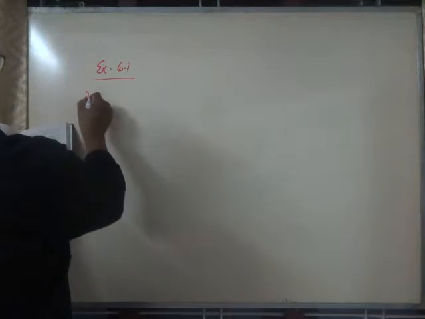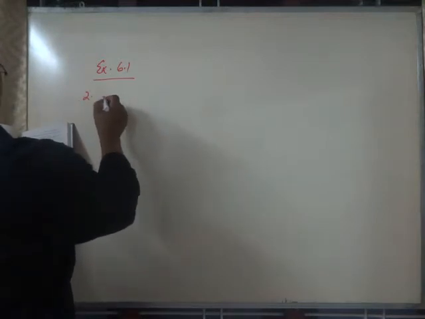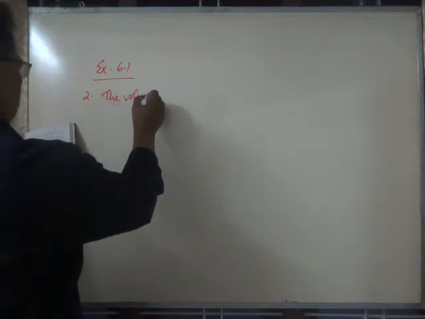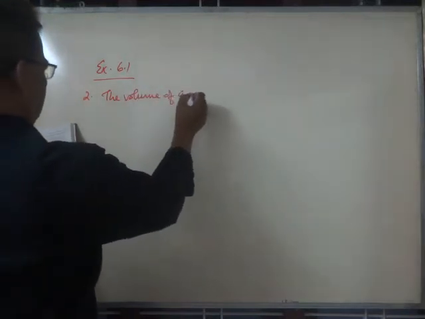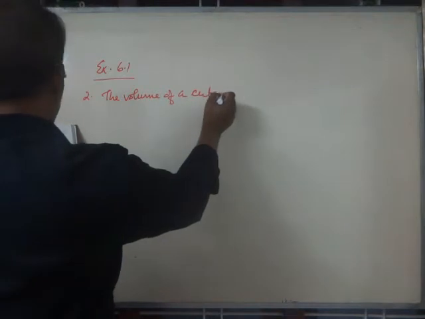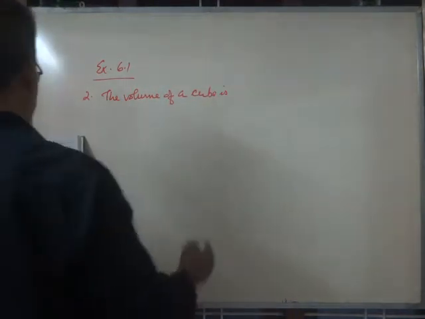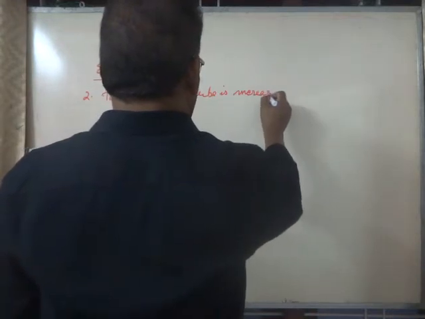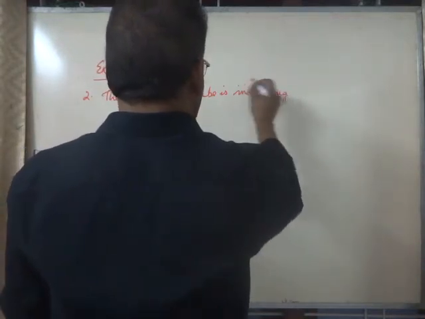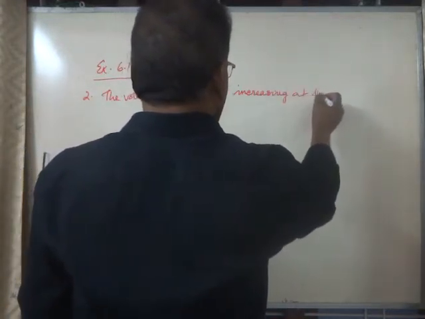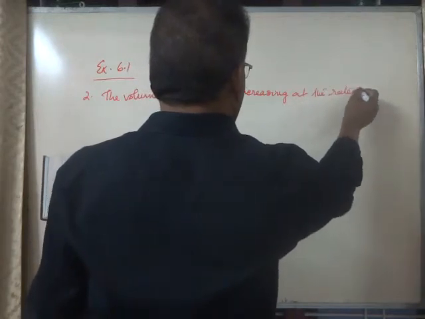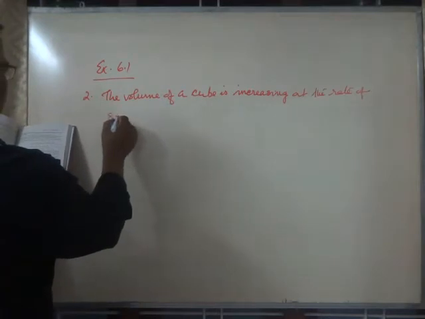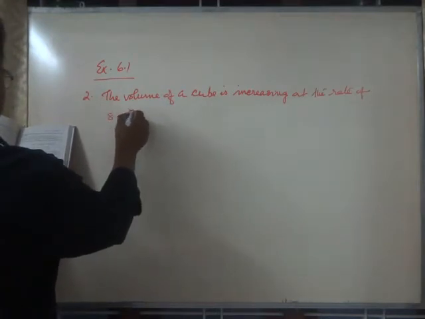Question number 2. The volume of a cube is increasing at the rate of 8 centimeter cube per second.